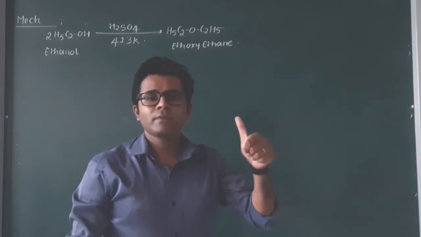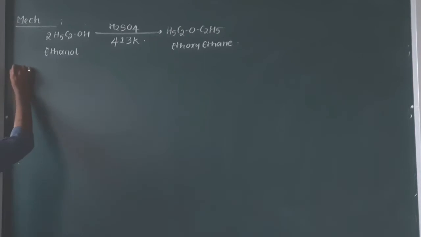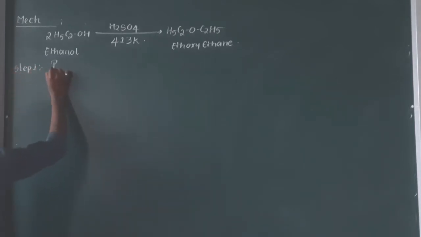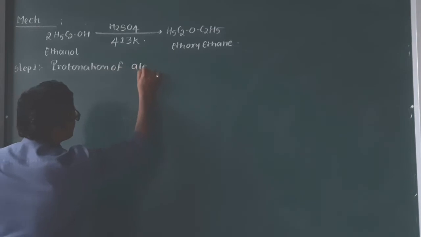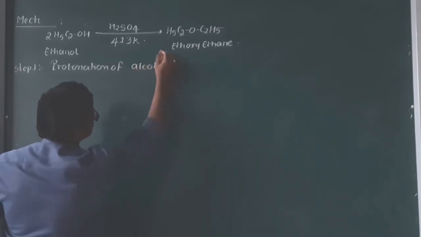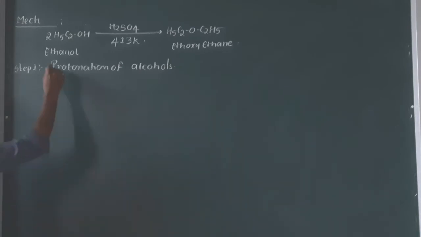The first step is the step of protonation. Alright, so step number 1. Step 1 is going to be protonation of alcohols. Okay, so let us take into consideration ethanol, that is C2H5OH.